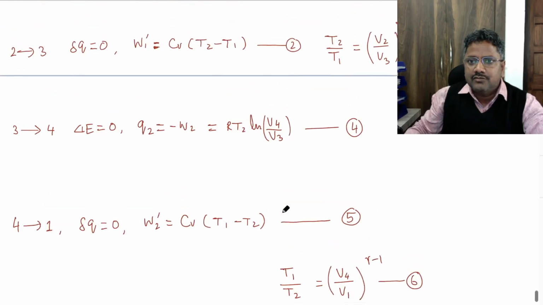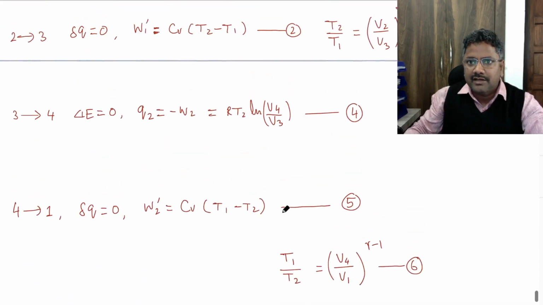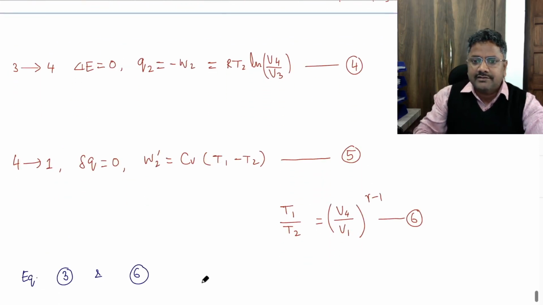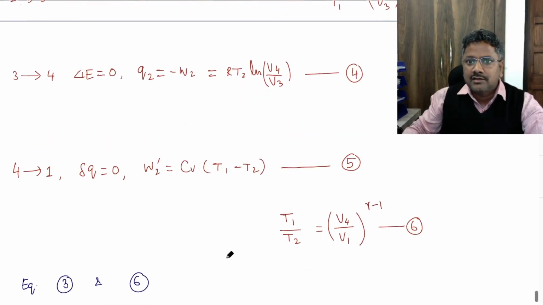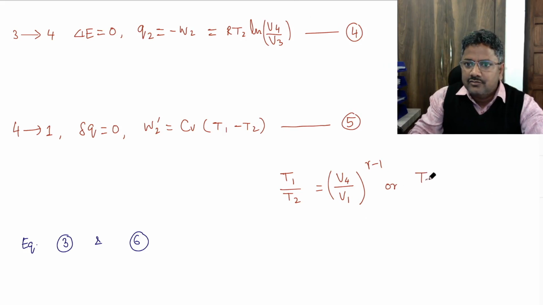T2 by T1 and T1 by T2. So first we change equation 6: we can write T2 by T1 is equal to V1 by V4 to the power gamma minus 1.